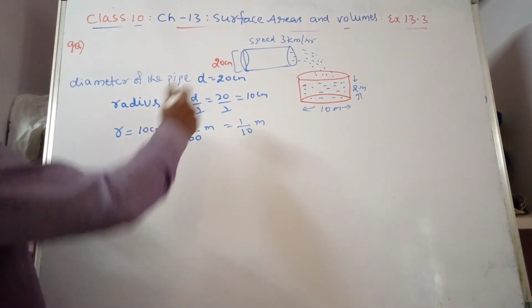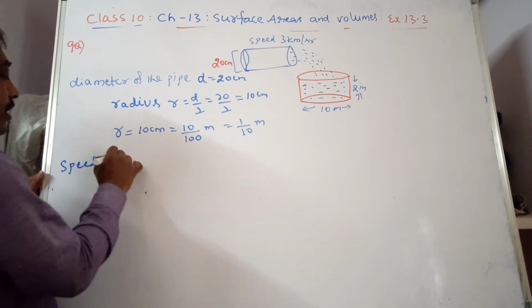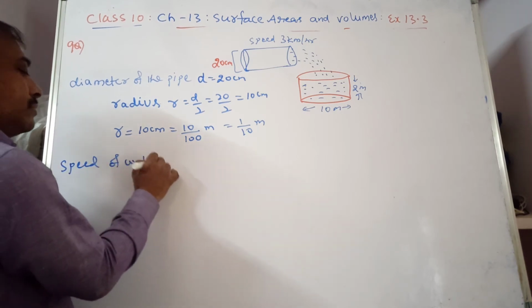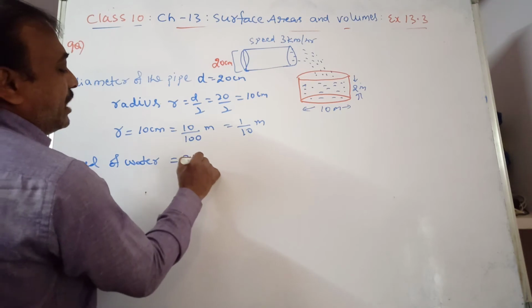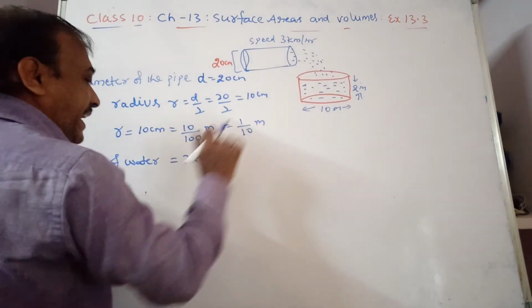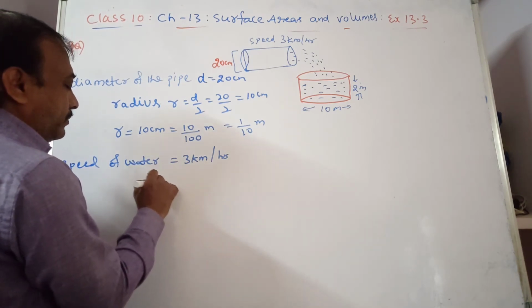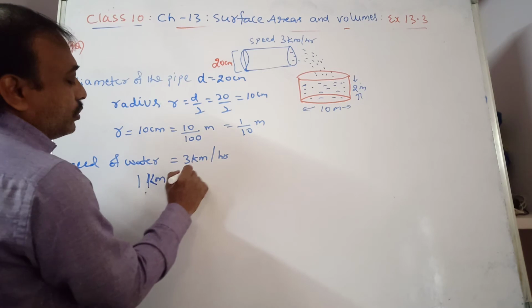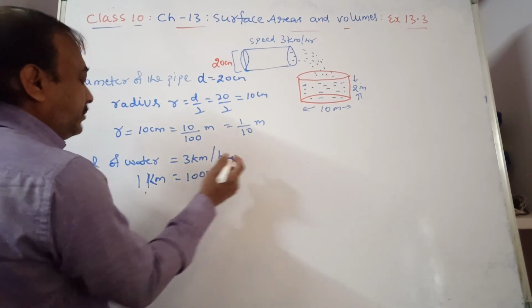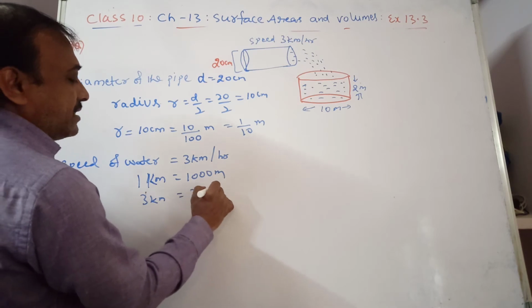Next, speed of the water. Speed of water is equals to 3 km per hour. In 1 hour it is 3 km speed. So 1 km is equals to 1000 meters, so 3 kilometers means 3000 meters.